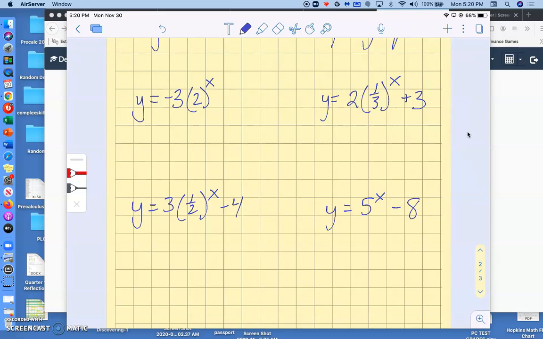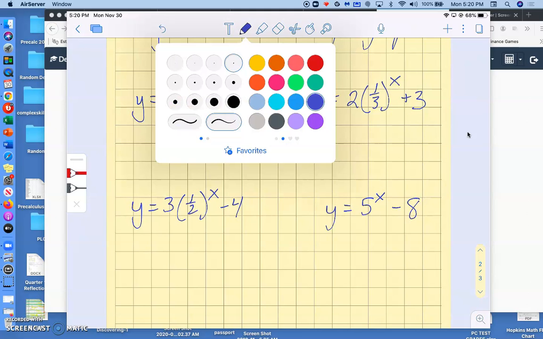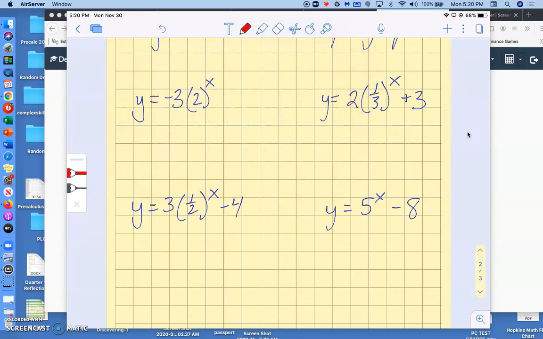What I want you guys to do is first identify where the horizontal asymptote is. So has it shifted vertically? For this one, the horizontal asymptote hasn't shifted, so it's at y equals 0. Whereas the second one, our horizontal asymptote shifted up, so it's at y equals 3.